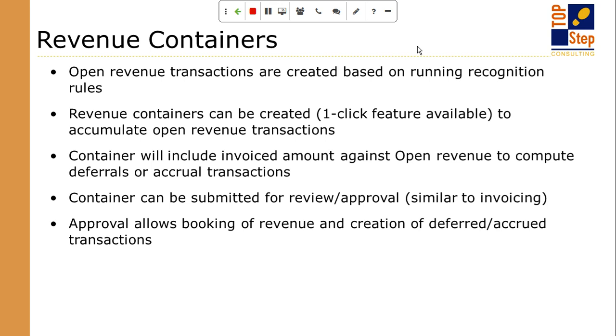But it does all of the transaction migration to figure out how much did you have before you created the container for revenue, how much did you recognize at the end of the container, and what are the transactional changes that have happened because you did a container. How much have you accrued, how much have you deferred in the system. And it gives you basically a little report that you can look at. And then you can submit that container for review and approval and make modifications to revenue transactions and such along the way. So it's very similar to invoicing if you think about it, but it focuses on revenue.